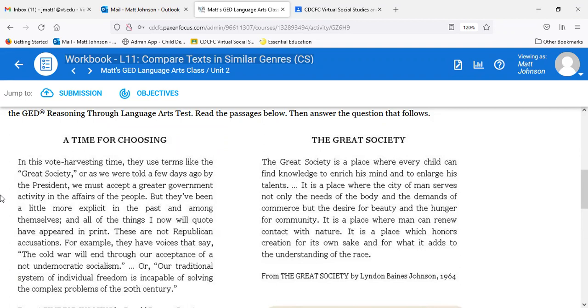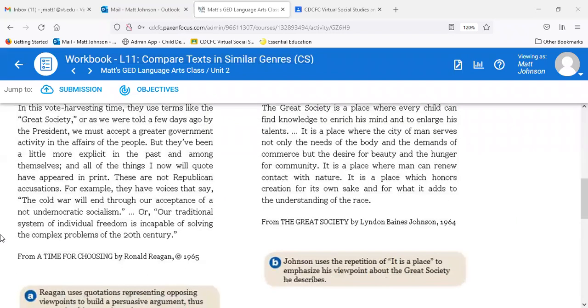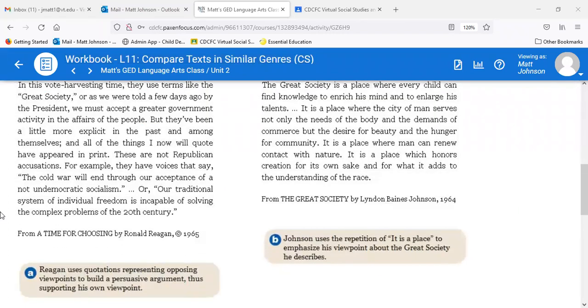They have voices that say the Cold War will end through our acceptance of a not undemocratic socialism, or our traditional system of individual freedom is incapable of solving the complex problems of the 20th century.